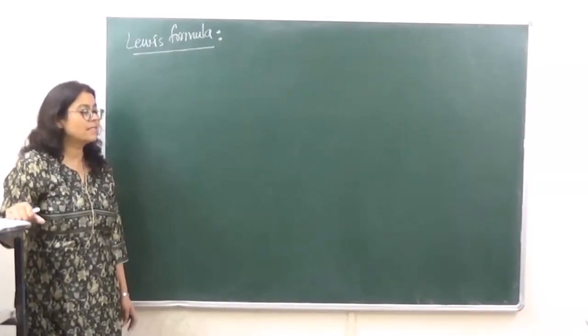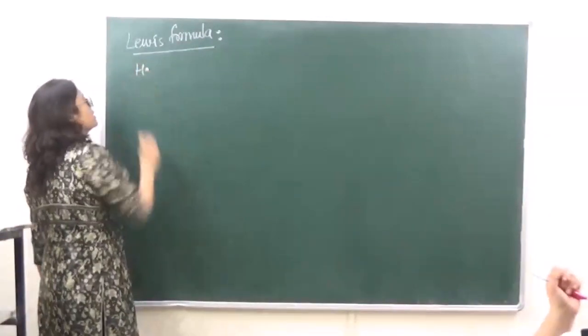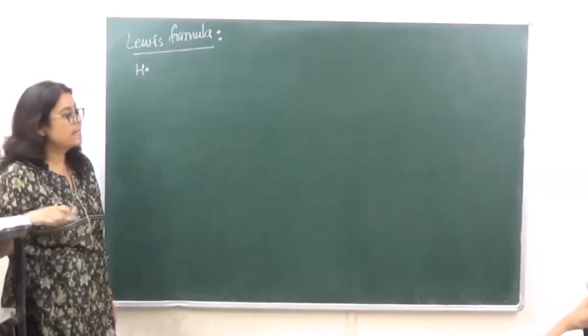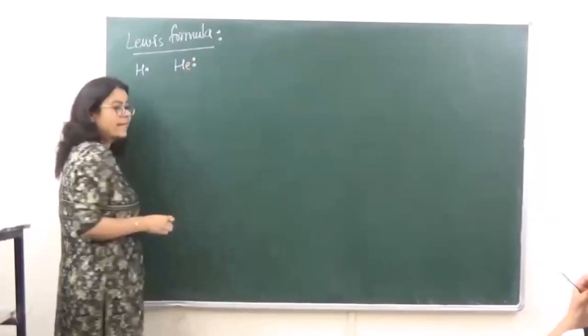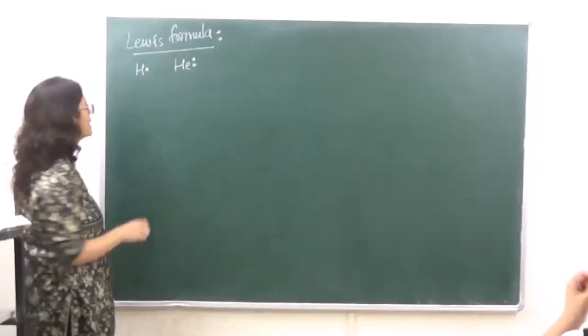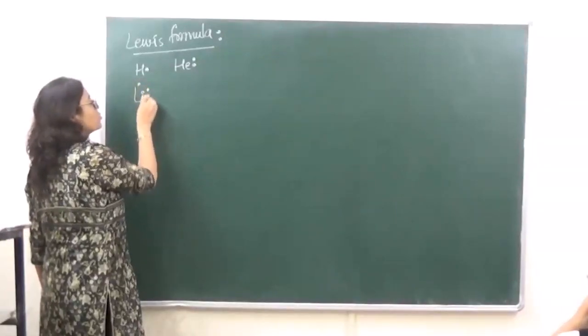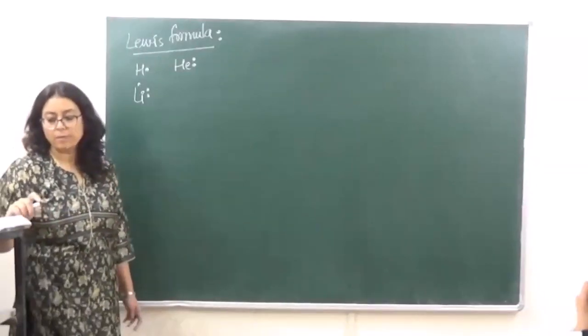For example, if the valence electron is 1, as in the case of hydrogen, the symbol of hydrogen was written like this. Similarly, helium has 2 electrons in the outermost shell, so that can be depicted like this. And lithium has 3 electrons in the outermost shell, which can be represented like this. So this is what the Lewis dot formula is.